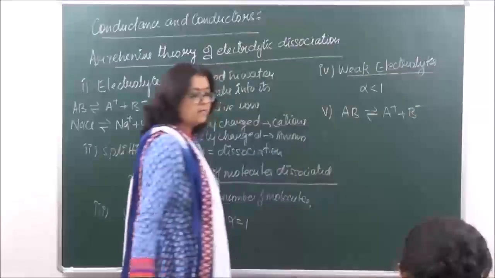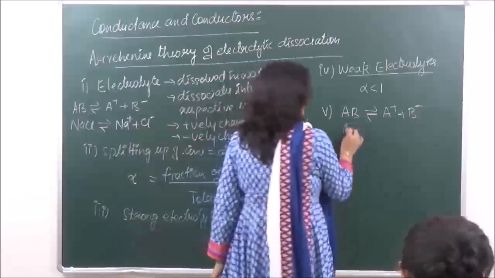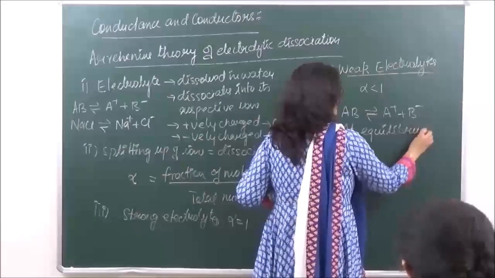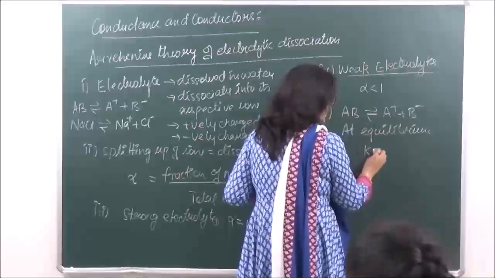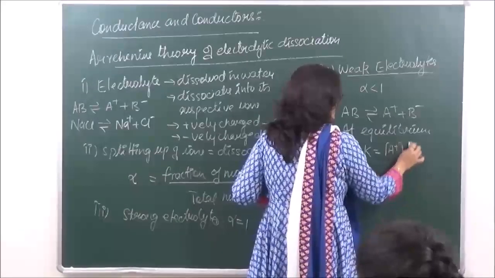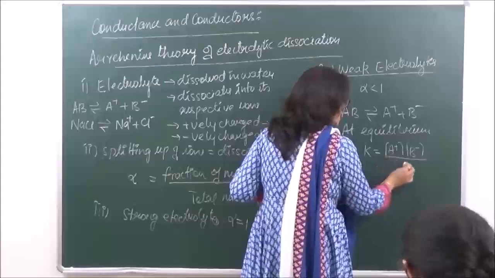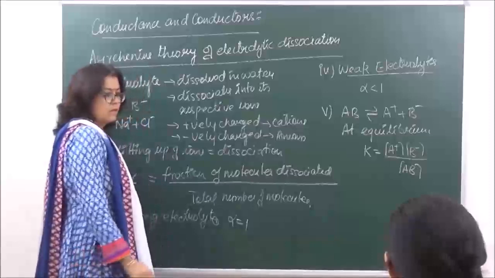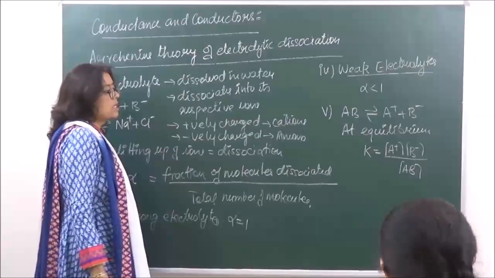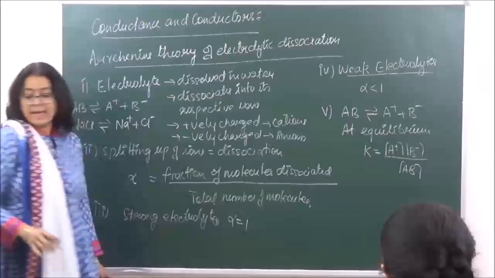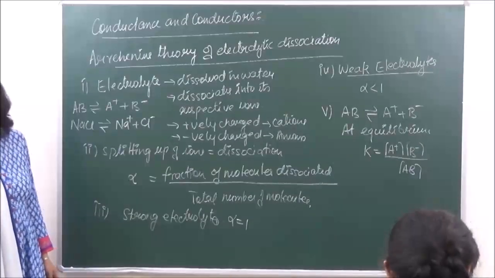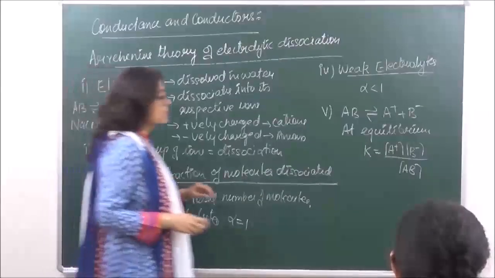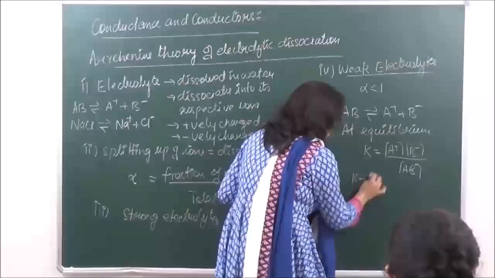Right? Now when we are talking of the dissociation reaction, we get A positive and B negative, and at equilibrium we say that the equilibrium constant K is equal to the concentration of products upon the concentration of the reactants, where K is the equilibrium constant. Now the value of K tells us about the degree of dissociation.